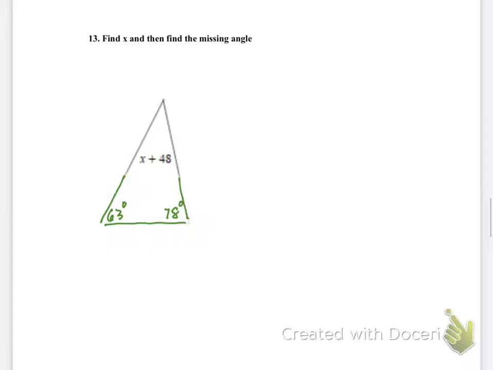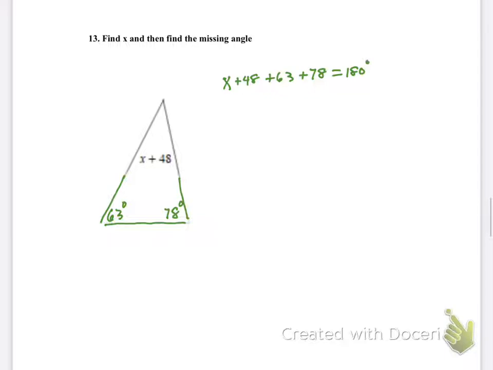Okay, so what do you know? You should know that x plus 48 plus 63 plus 78 equals 180 because there are always, forever and ever, 180 degrees in a triangle. So with your calculator or by hand, you should add 48 plus 63 plus 78.